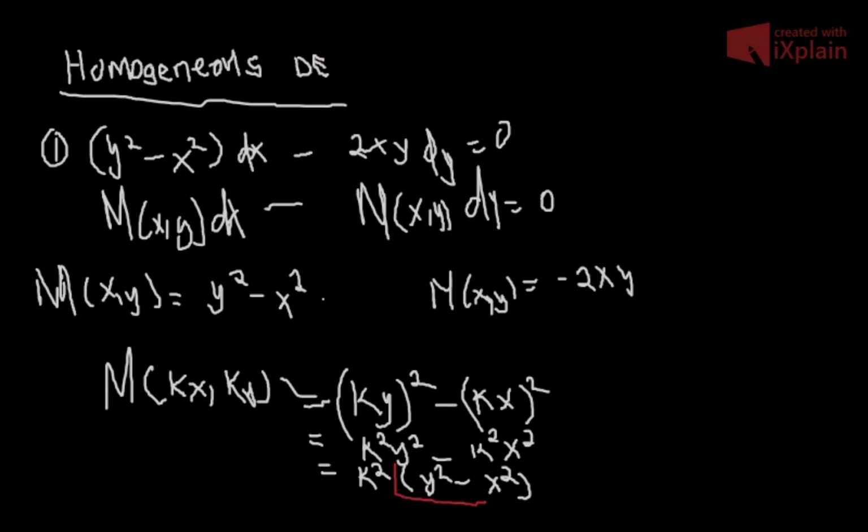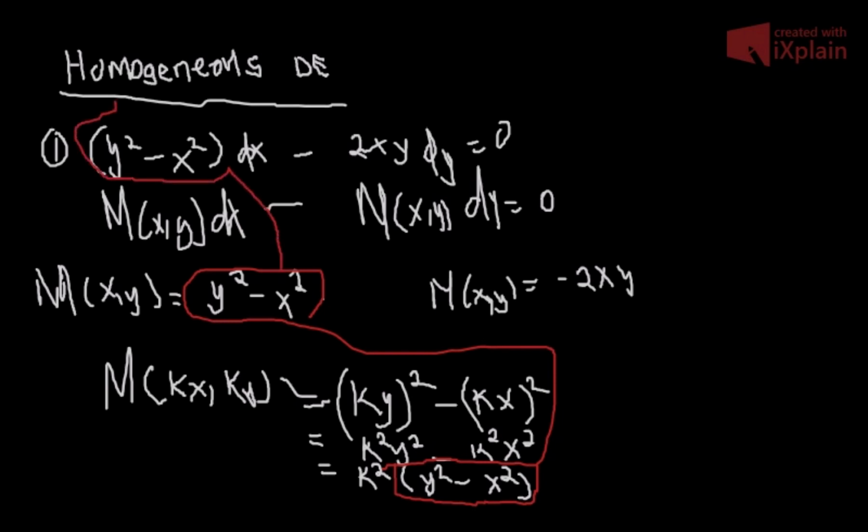Does this look like this that was given? If yes, that means about mxy, we are fine. We are not sure at the nxy, but this is fine because now our a is 2. That means the degree this side is 2.